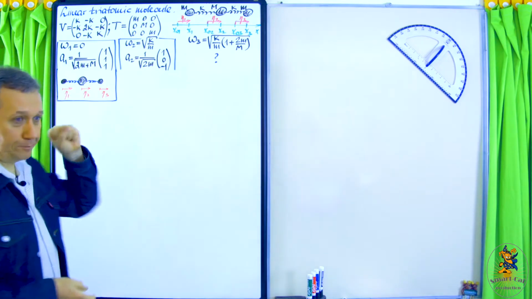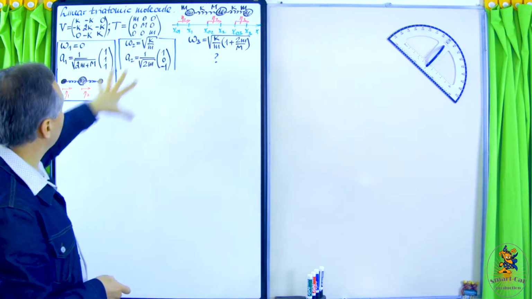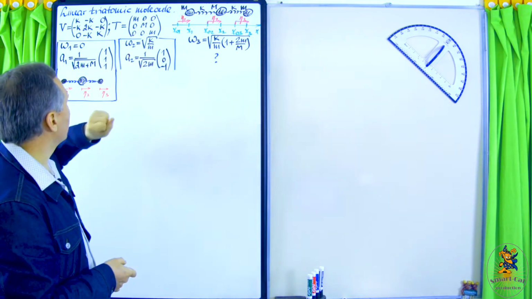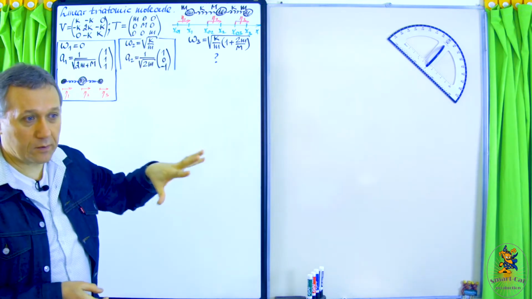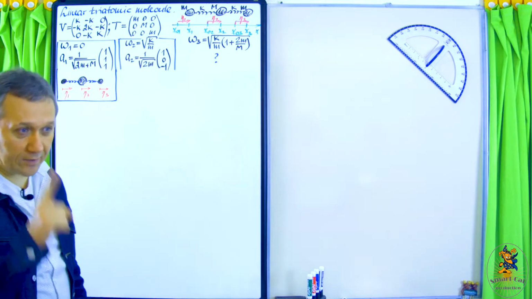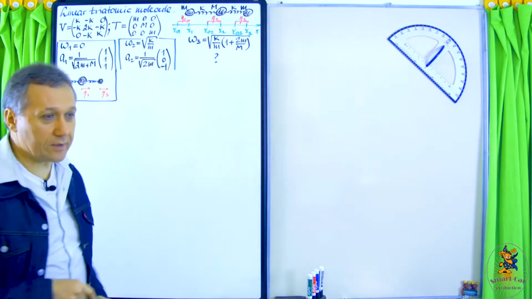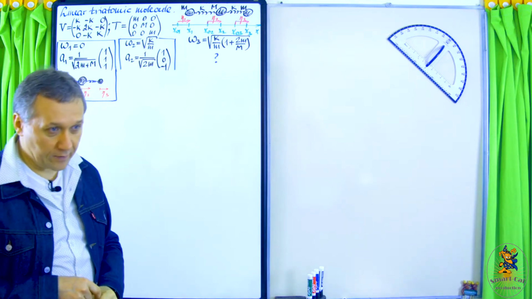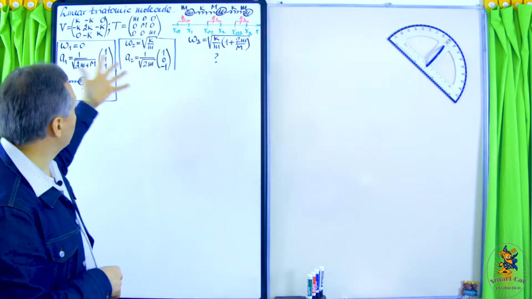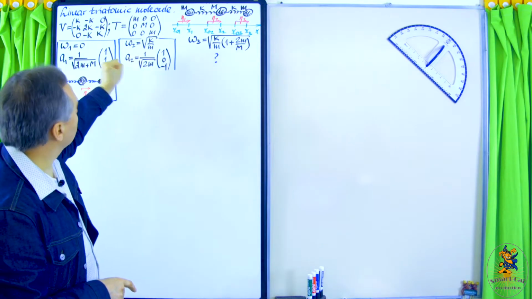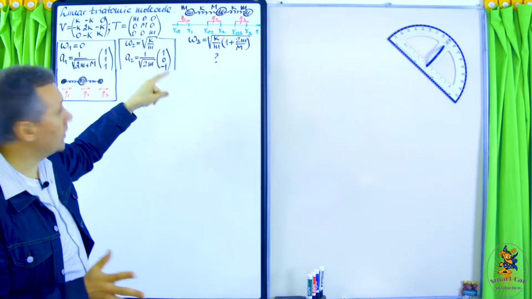Then, after this, we started looking at the second normal mode. We started working with this frequency, and after applying the eigenvector equation and normalization, we ended up with this normalized eigenvector, right? Which tells us what?